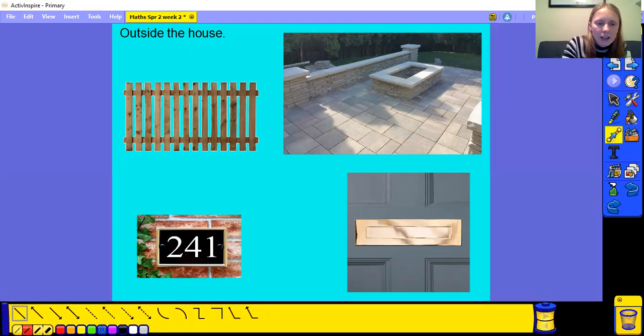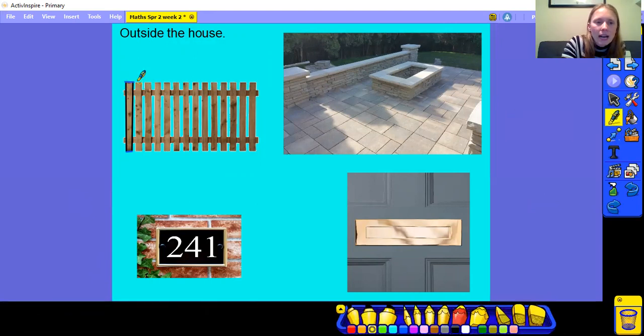Oh, I can see that there are lots of rectangles on the fence. This one has 1, 2 long sides. It has 1, 2 short sides.